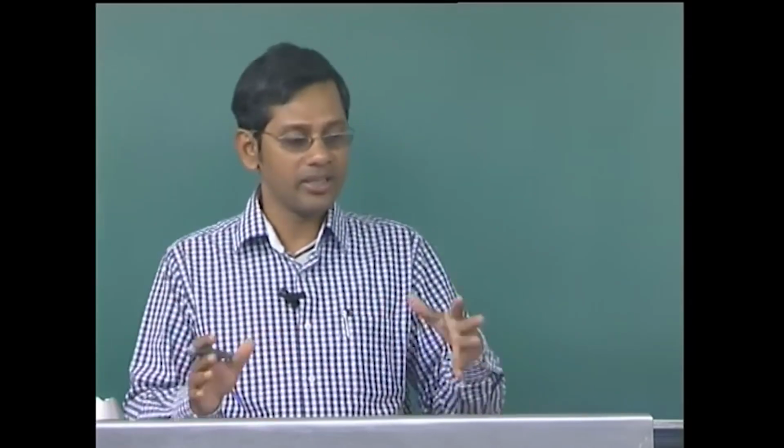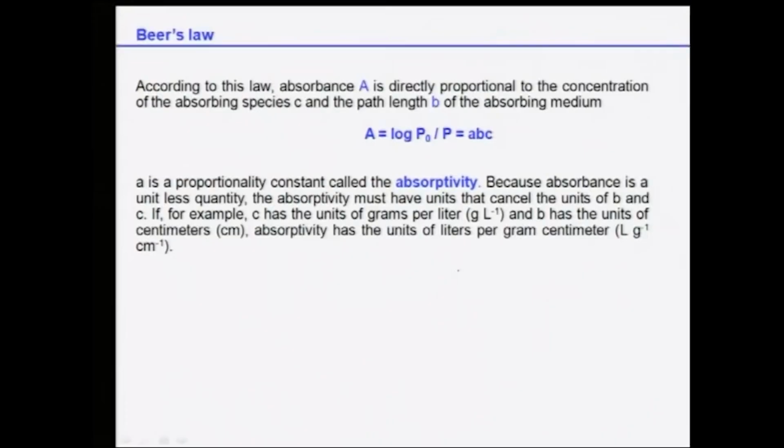Now, after knowing all this, let us see what Beer's law is. According to this law, absorption A is directly proportional to the concentration of the absorbing species C and the path length B of the absorbing medium. So A is directly proportional to C, the concentration of the absorbing species, and A is directly proportional to B, the path length.